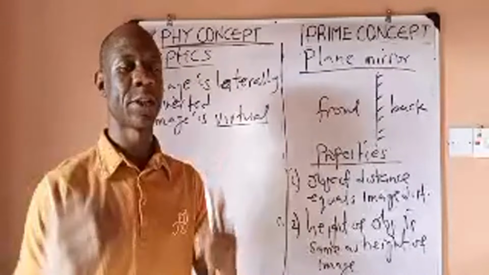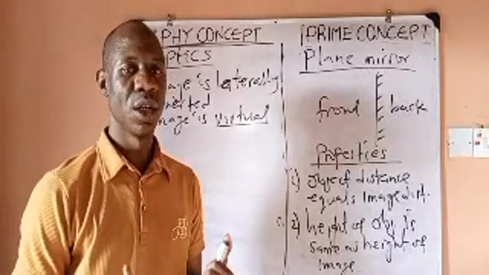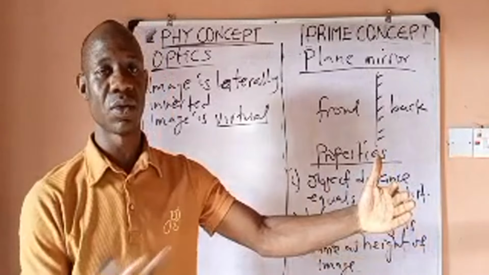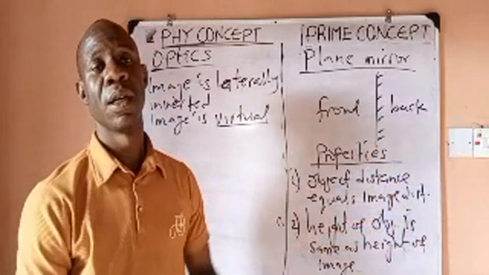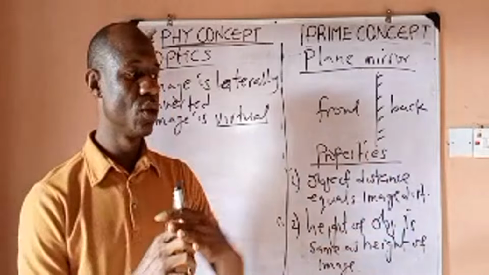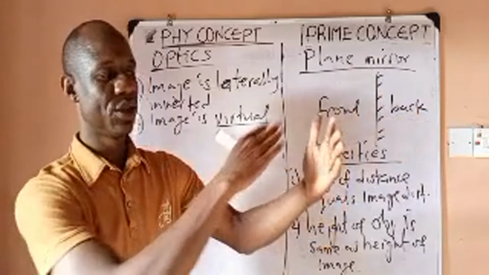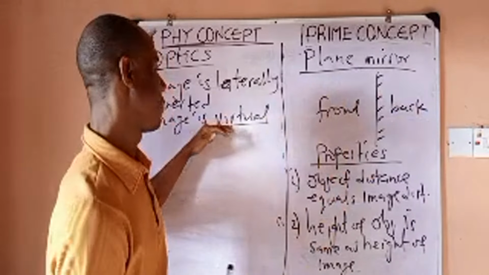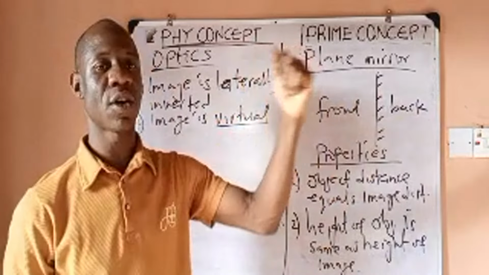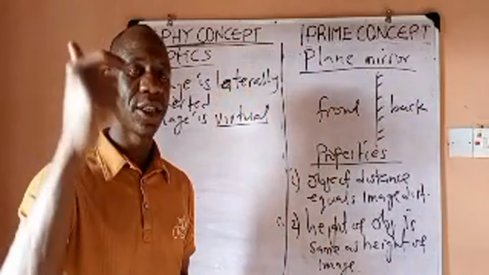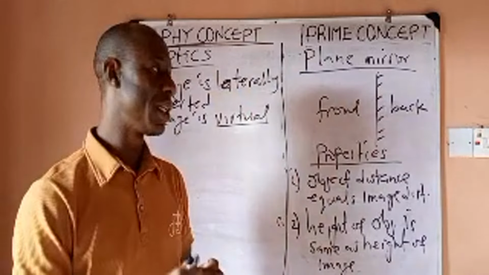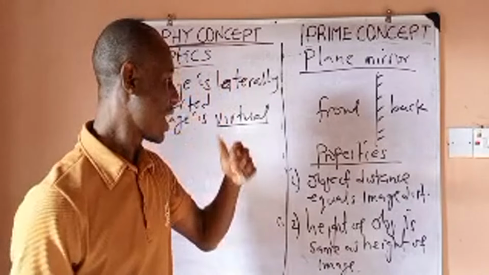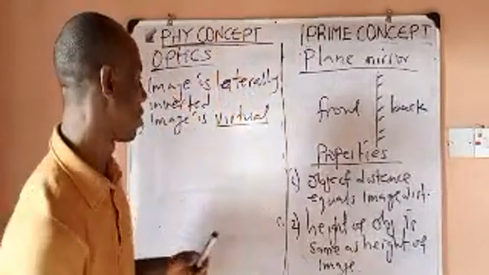If you did the experiment under curved mirrors, you usually place a screen to catch the image. If the image is virtual, you won't see anything on the screen, but if it is real, you would see it formed on a screen. Or you can say a virtual image is an image formed at the back of the mirror.